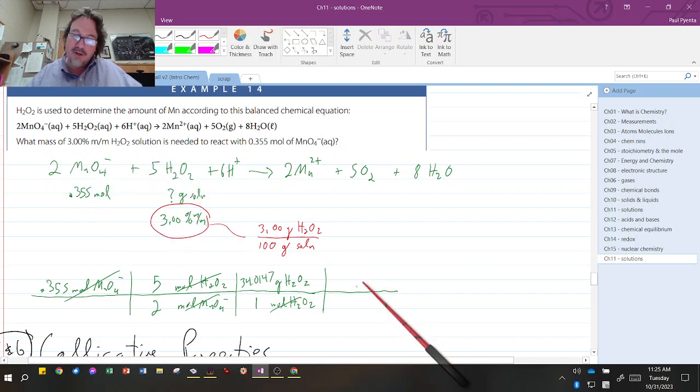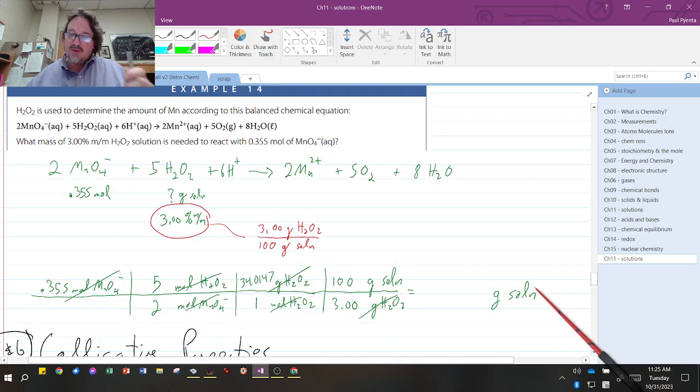So perfect. Put this on the bottom so it cancels. H2O2, grams of the solution will go on top, and there's my numbers. Again, they were hidden in this concentration that they gave me. So 3.00 grams peroxide for every 100 grams of the solution. That cancels, and I finally have what they've asked me for.